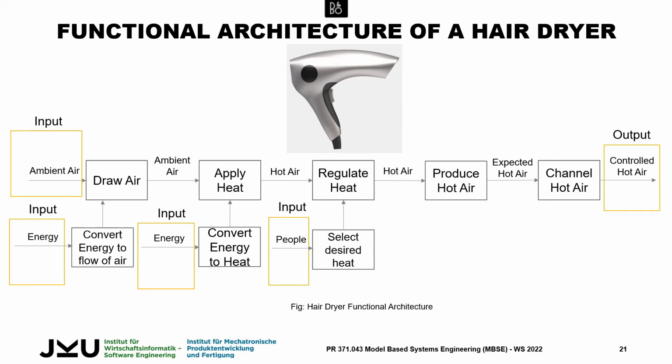In the output, what we are expecting is hot air, right? And it does not come automatically, right? So from the functional view, as an input, what we have here is draw air, so convert energy to flow of air. Here you see the functional point of view, and in the physical view, what could be the component that could serve this function? Sorry?